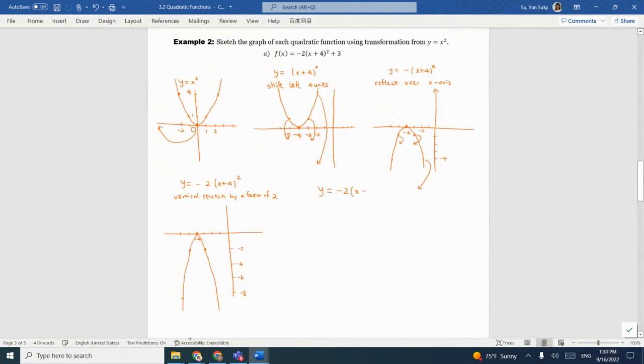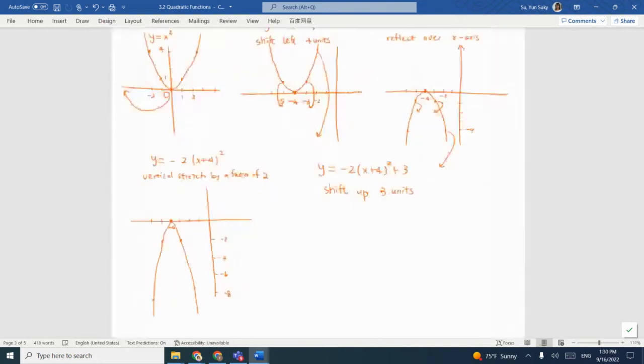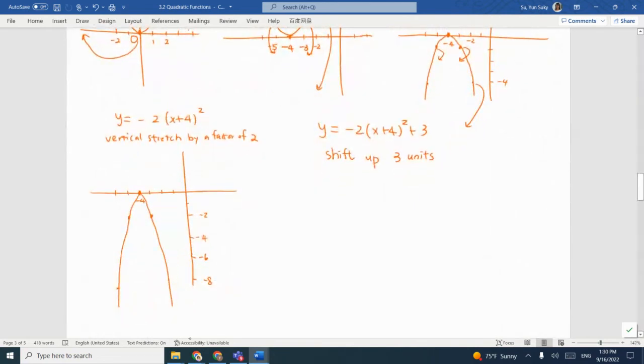y equals -2 times (x plus 4) squared plus 3. This is what? Shift up or down? Up. 3 units. Okay. We have shift up. So 1, 2, 3.